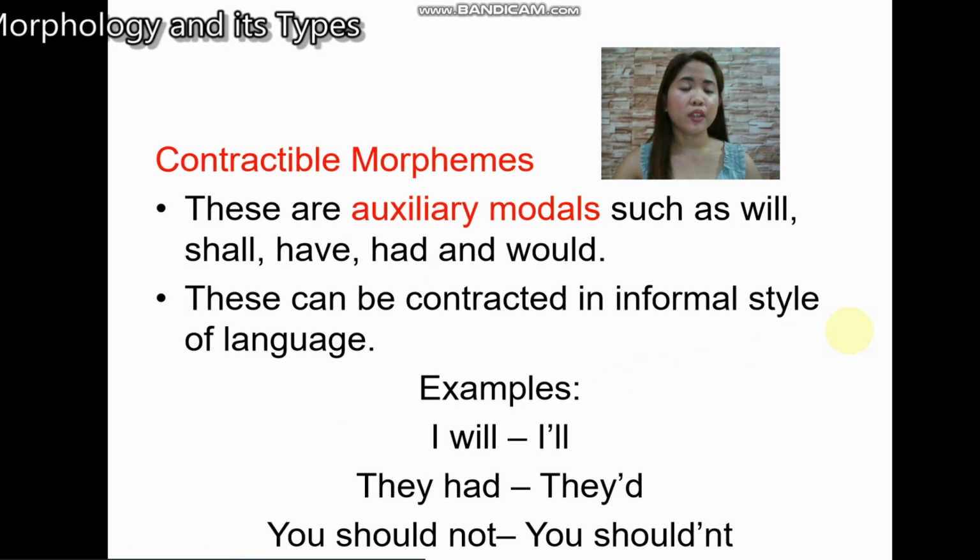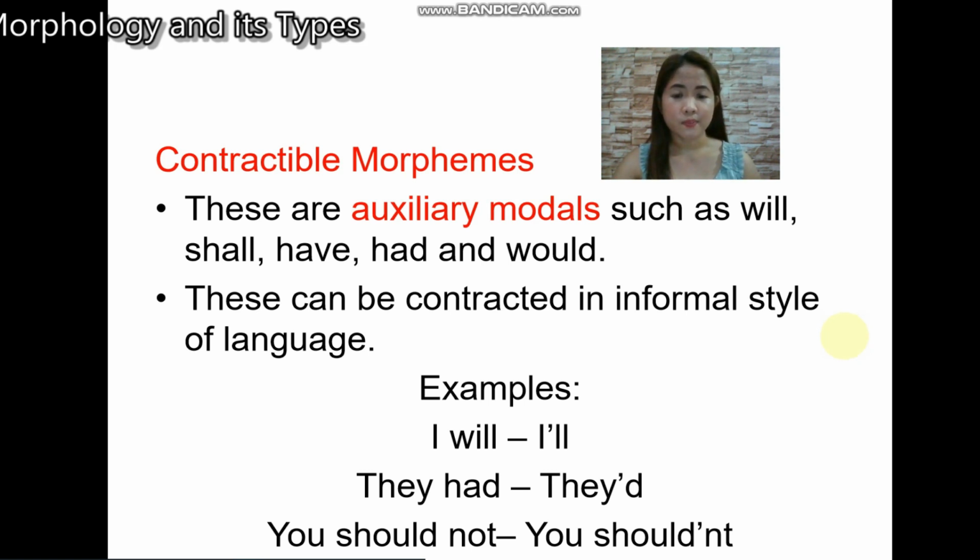Then we also have contractible morphemes. These are auxiliary modals such as will, shall, have, had, would. Again, auxiliary modals are also called helping verbs. This can be contracted in informal style of language.